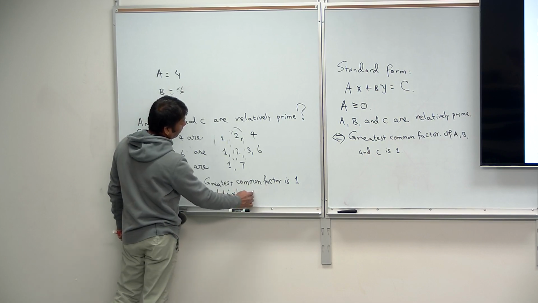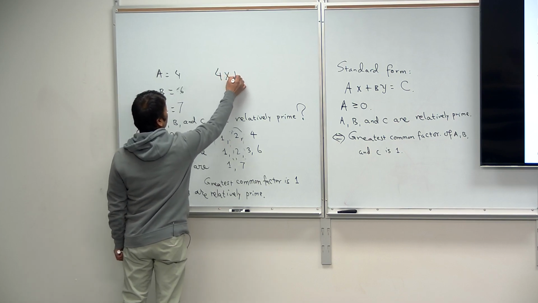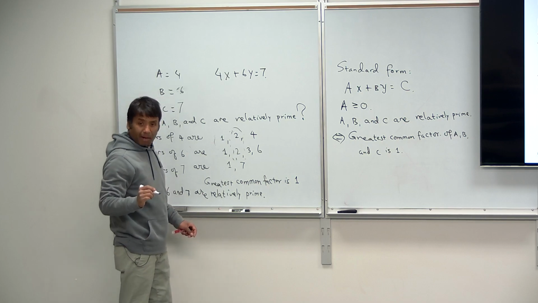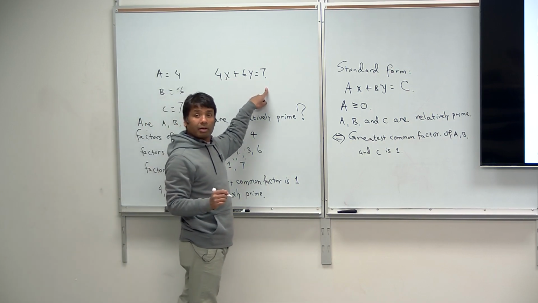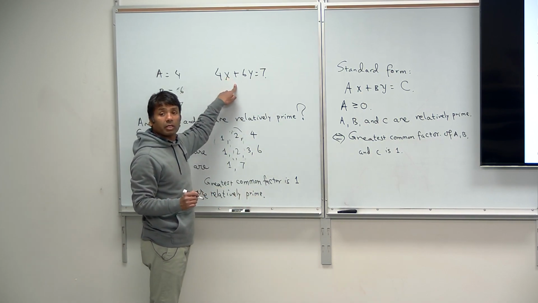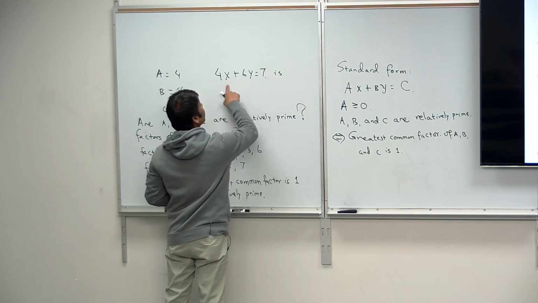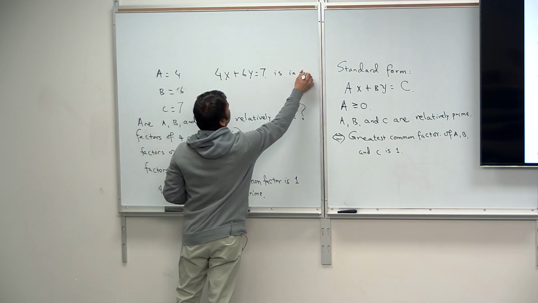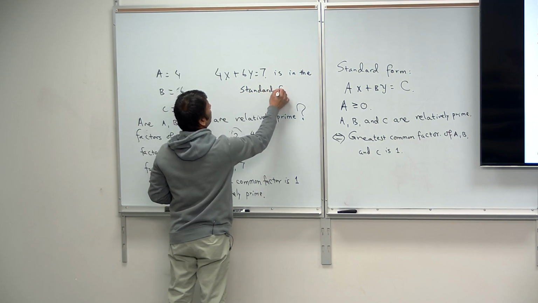So if you have an equation in the form of, let's say, 4x plus 6y equal to 7, because you see the 4, 6, and 7 are relatively prime, so this is in the standard form.